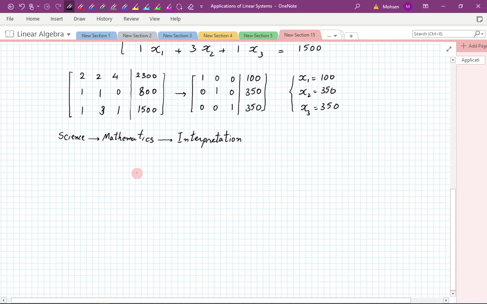So again, I abbreviate this so we move quickly. Type 1, type 2, type 3, and then food A, food B, food C, and here are slightly different sets of numbers, and the question is, well, if I change this matrix, let's call it the appetite matrix.